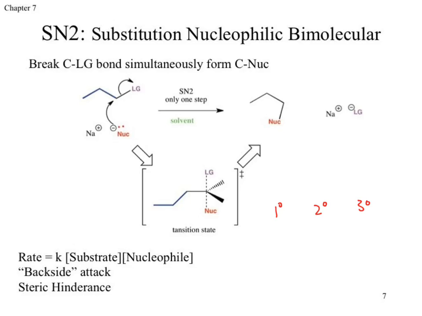Our primary will react faster than our secondary, faster than our tertiary. Our tertiary is so sterically hindered that just like we did for the SN1, we can eliminate that as a possible option. We could also throw on our zeroary, reacting fastest. So when we're looking at our substrate structure, we're looking for zeroary, primary, or secondary.